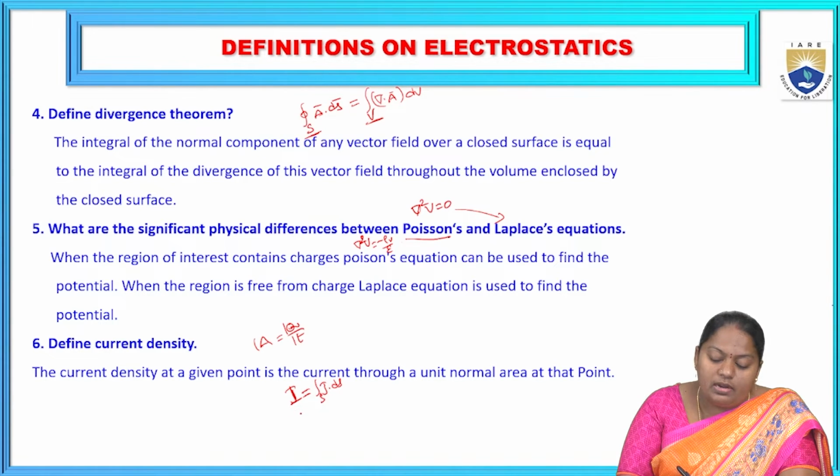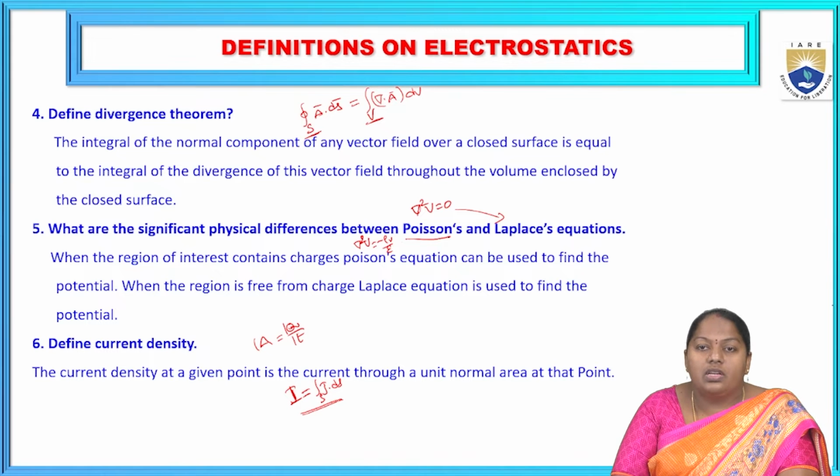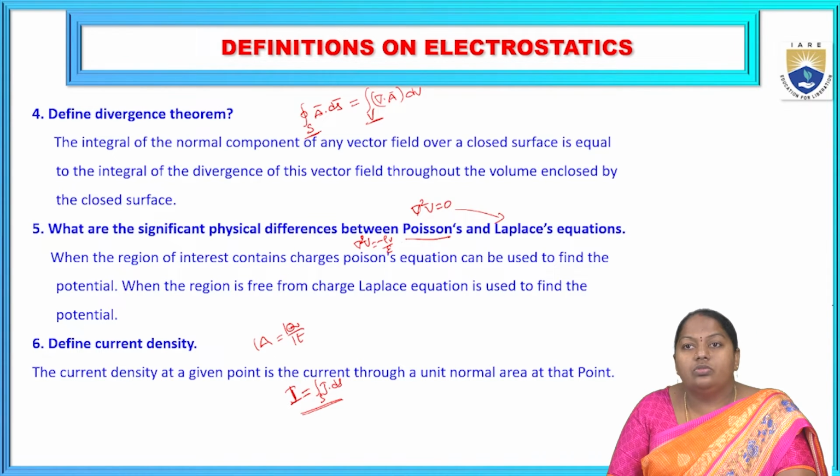The current density means the current per unit normal area at that particular point, and we can express current as I equal to integral S J dot ds. So the divergence theorem gives us the relationship between surface and volume integrals. As for the physical difference between Poisson's and Laplace's equations, if the region of interest contains some charges, then Poisson's law can be used to calculate electric potential, whereas when the region is free from charge, Laplace's equation is used.